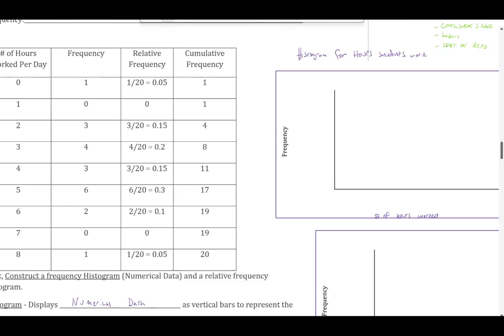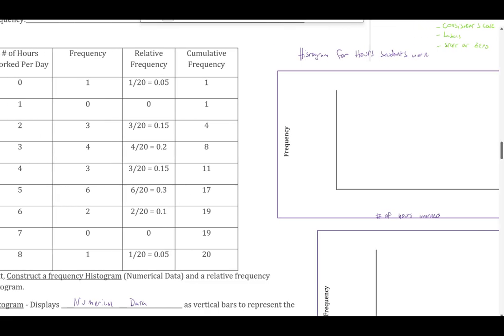So the number of hours worked begins at 0, 2, 3, 4, 5, 6, 7, 8. I think I can spread these out just a little bit more. And then what I'm going to do here is just put a little mark for all of these.